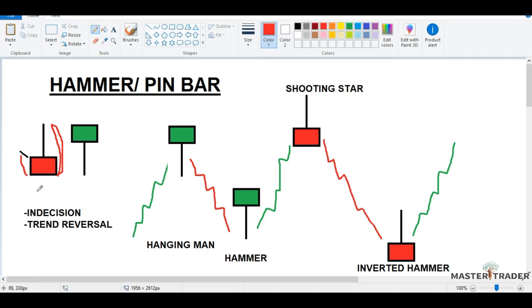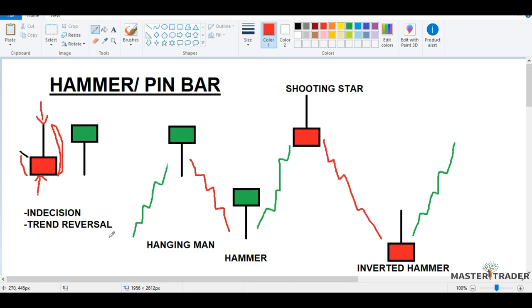The bulls are pushing price up from this level, and the bears are pushing price down from this level. So there's a clear fight going on between the bulls and the bears, and so this indicates indecision. No clear trend, and hammers are generally used as good trend reversal patterns, and that's where you will most likely see these.